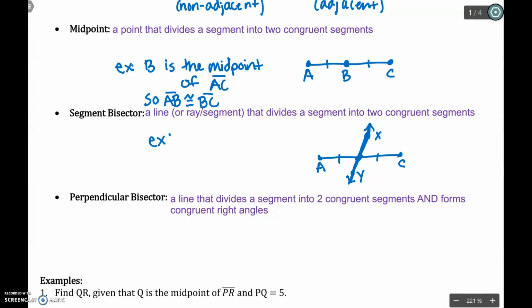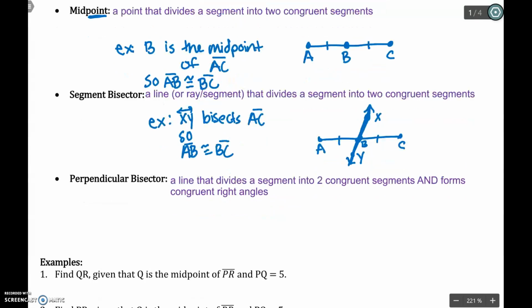So in this example, line XY bisects segment AC. All right, and I'll just put a B in there as well. So the same thing is going to happen. AB would be congruent to BC. So the only difference between a midpoint and a bisector is that a midpoint is just a point and a bisector is a line.